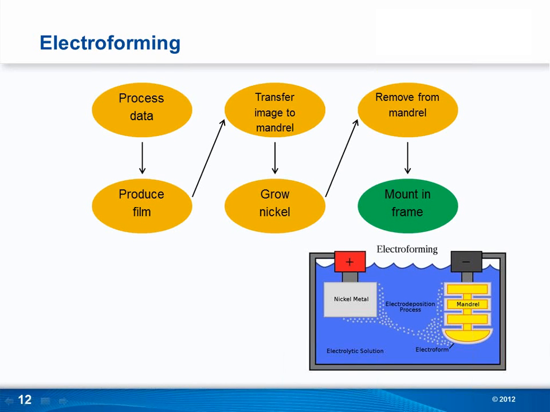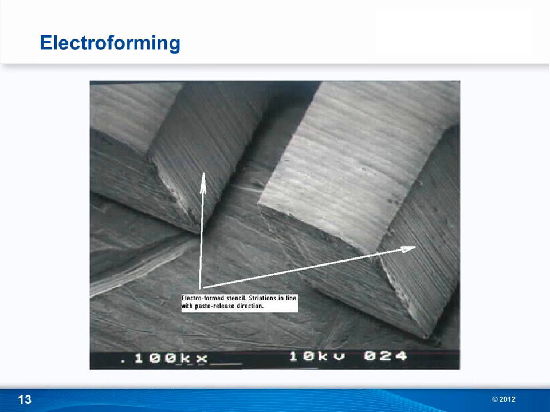This is especially a problem when you have very large stencils. Taking a look at an electroformed stencil, you can see here a crosscut of the stencil. The aperture walls are indicated, and you can see the walls look rather smooth. There are some striations there, but they are in line with the paste release, so they don't form a problem.